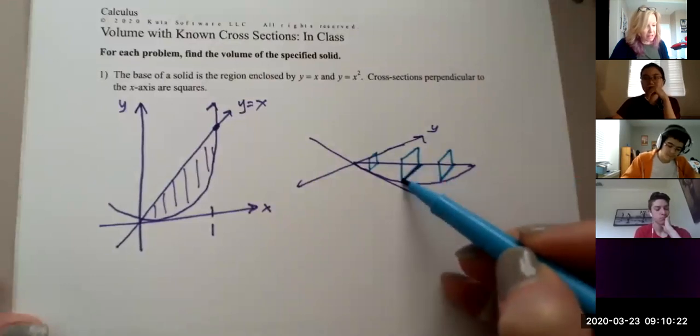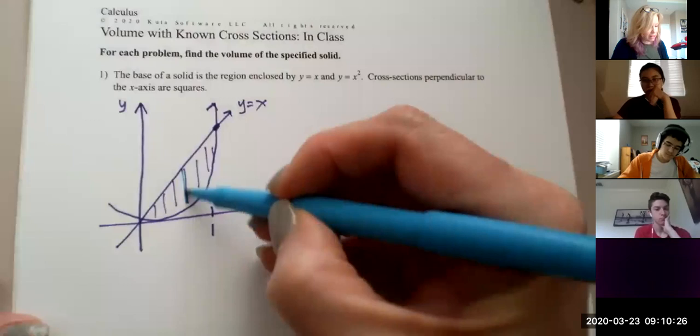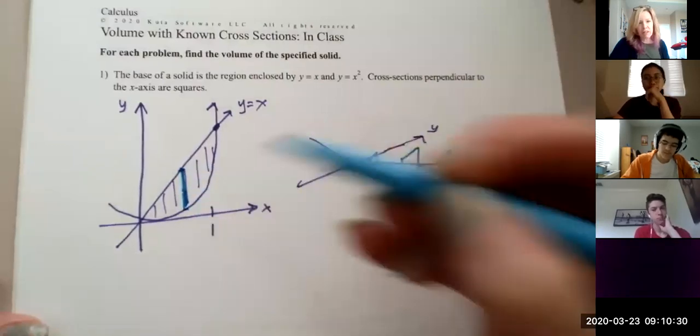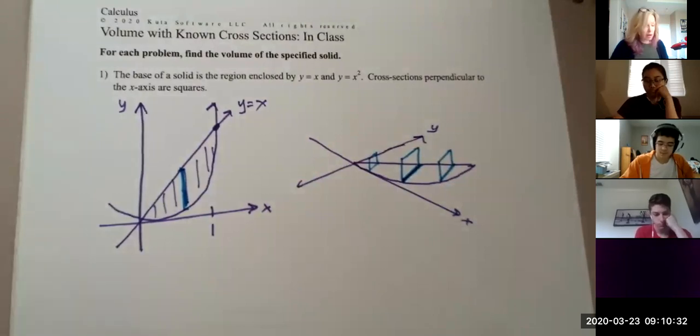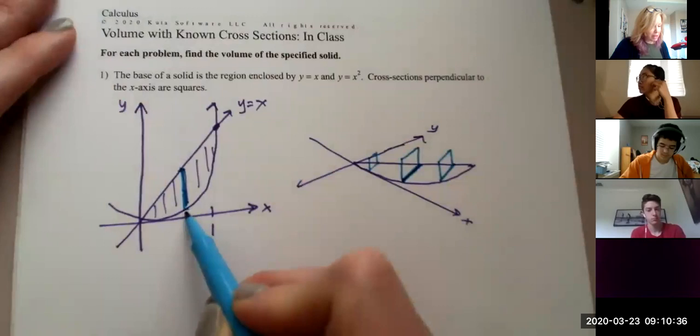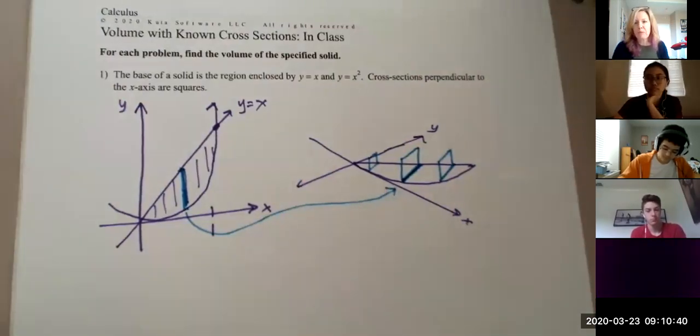So this little line that I just drew right here in really bold would be this line over here on my drawing. It's that little slice of that drawing. And so I can look at this flat graph of the base and know that that line I drew on the base is the same as the base of that square. Okay, you guys with me so far? Seem all right?